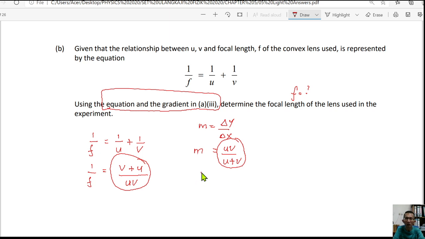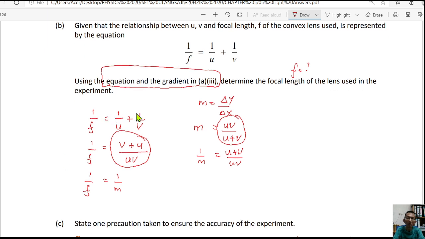So if I take the reciprocal of the gradient, I will get u plus v divided by uv. So v plus u over uv is actually the reciprocal of my gradient. So now I can write this as 1 over f equals 1 over m. So you see, I am using the equation given and I am using my gradient.